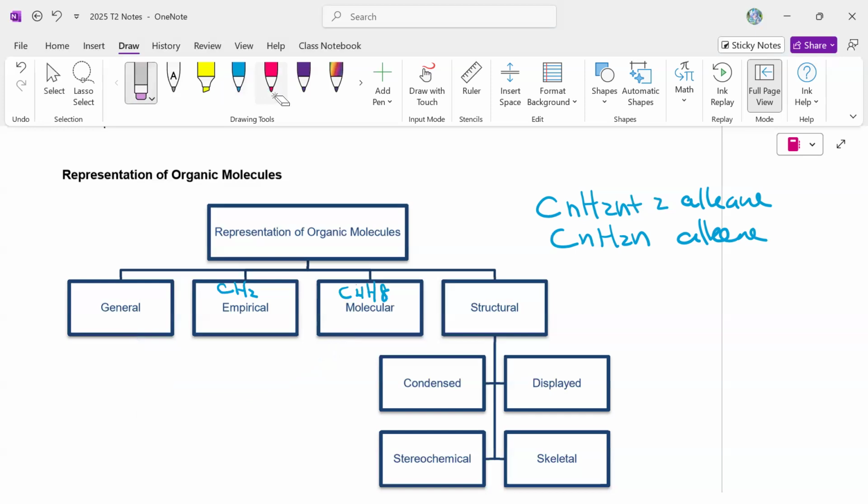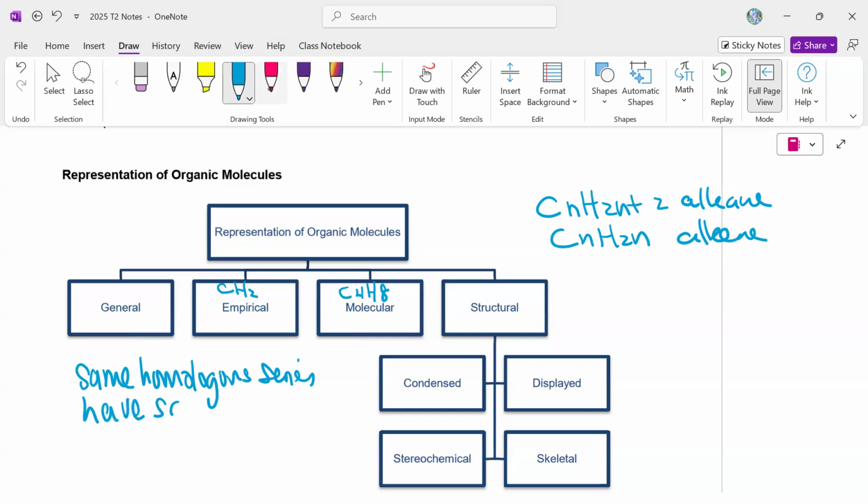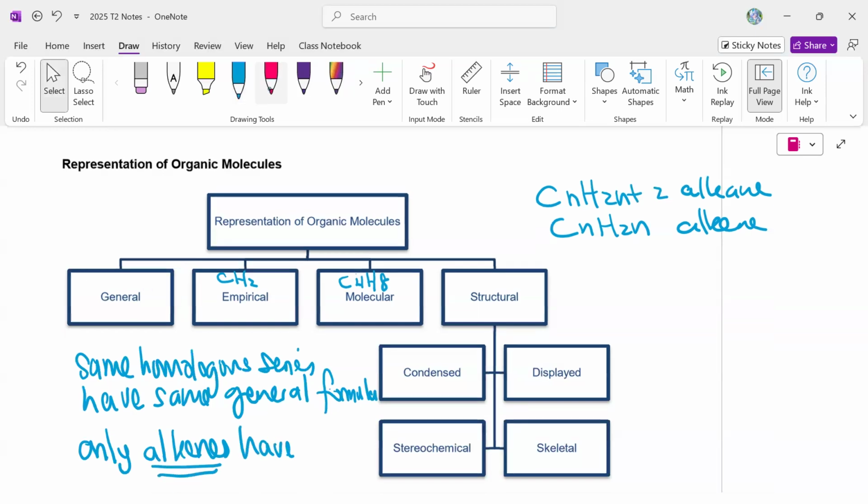Okay, so take note, members of the same functional group or same homologous series have the same general formula. But in terms of empirical formula, only alkenes have the same empirical formula.